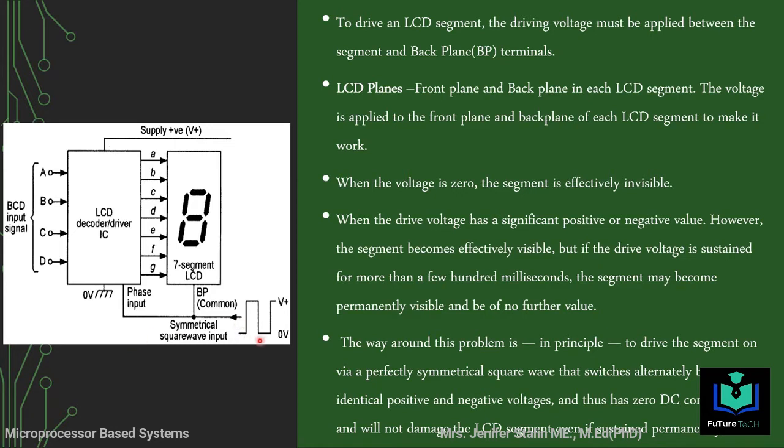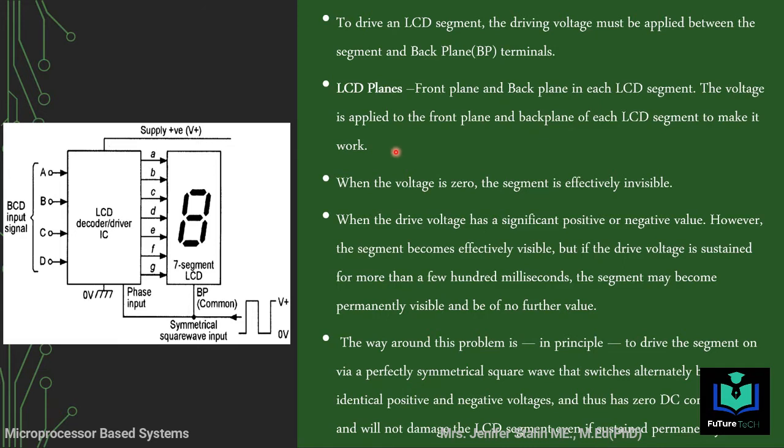There are 2 levels of voltages, a positive voltage and a negative voltage. The voltages are connected to the segment and also to the BP. BP means back plane. So the LCD segment contains 2 planes, back plane as well as the front plane.